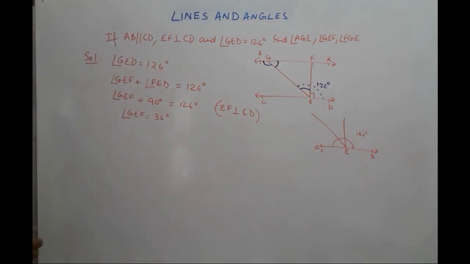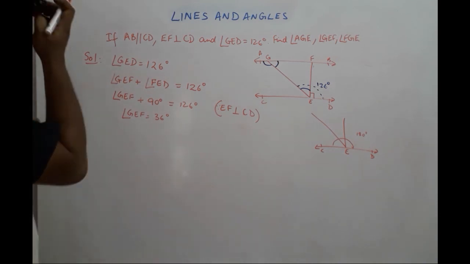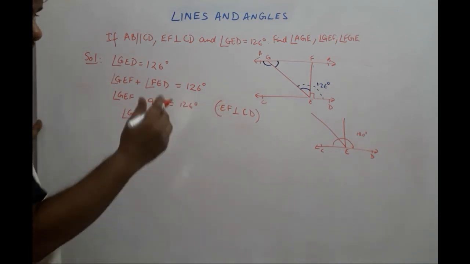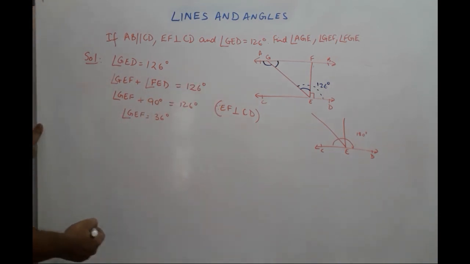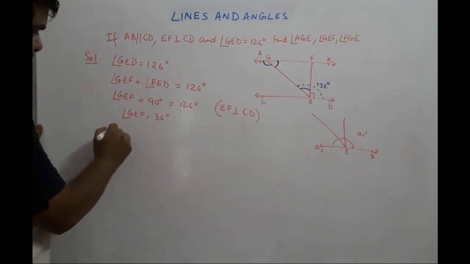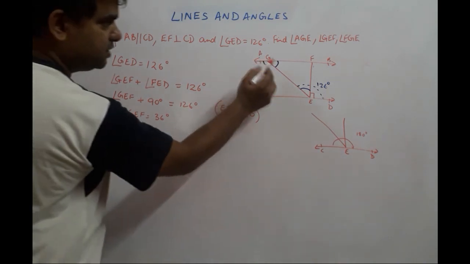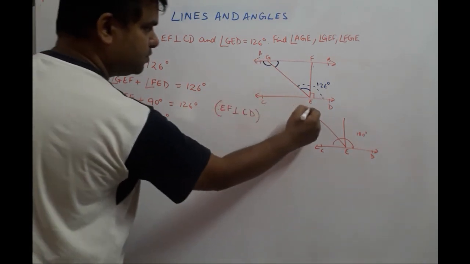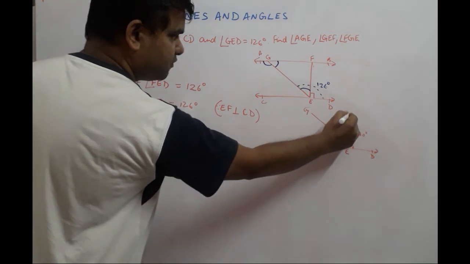So let us look at what are those different angles. The sum of all of them will be equal to 180 degrees. So we have angle, first angle is GEC. I'll put over here G and I'll put F over here.